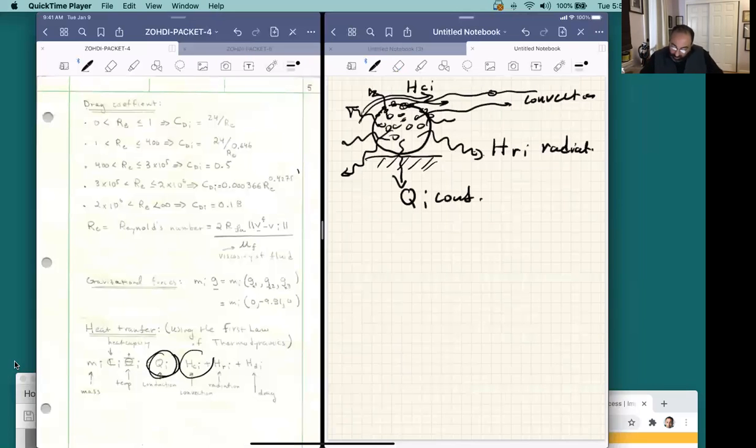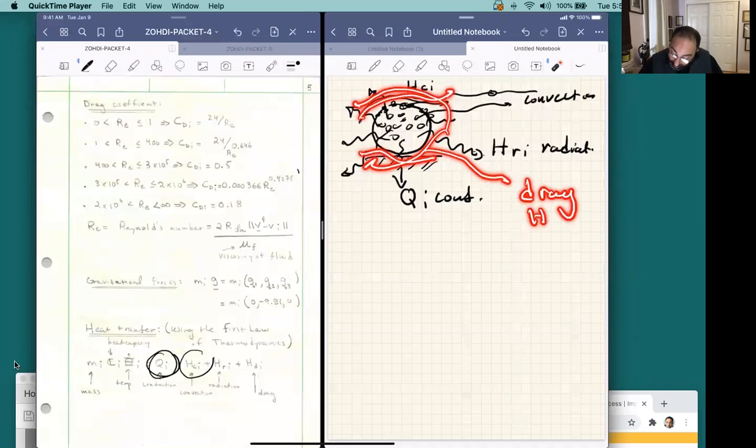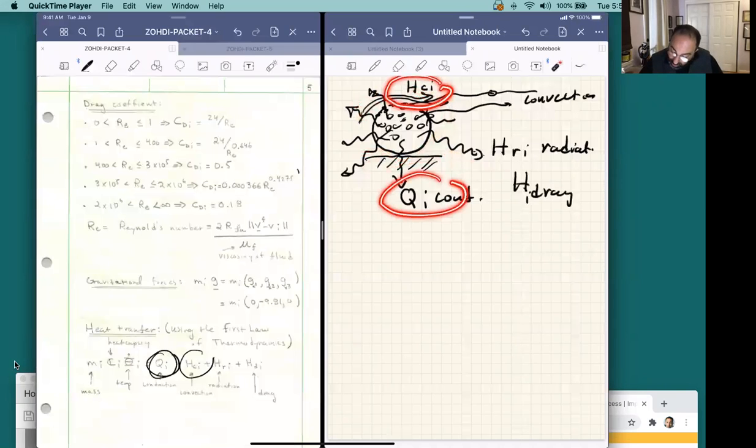Finally, because this thing is moving through a fluid and the fluid is moving around this object in all kinds of different directions, it may also have something that we refer to as drag heating, and we're going to call that H of drag i. So 4 of these rascals exist. We have convection, conduction, drag, and radiation.